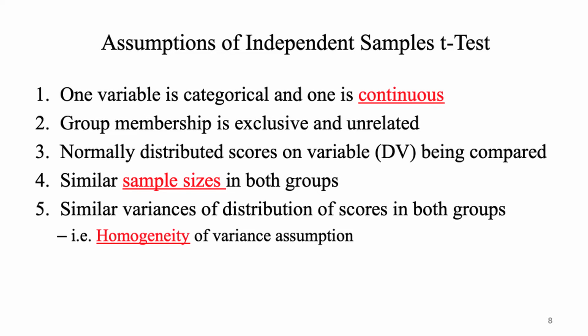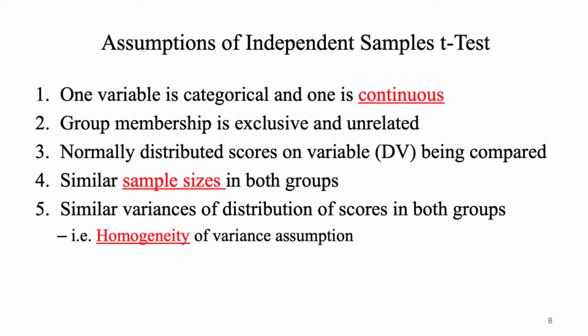And there is a similar variance of the distribution of the scores. This is called the homogeneity of variance assumption. It simply means that the spread in each sample around their respective means is similarly wide. A very narrow leptokurtic distribution for females and a very wide platykurtic distribution for males will likely be a violation of the homogeneity of variance.